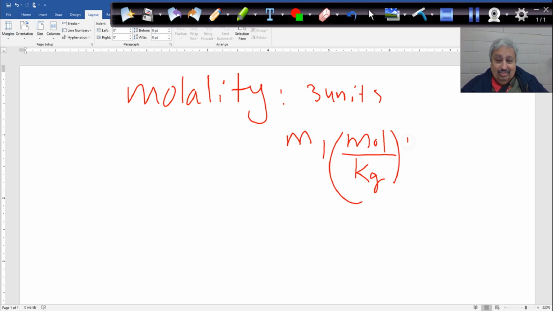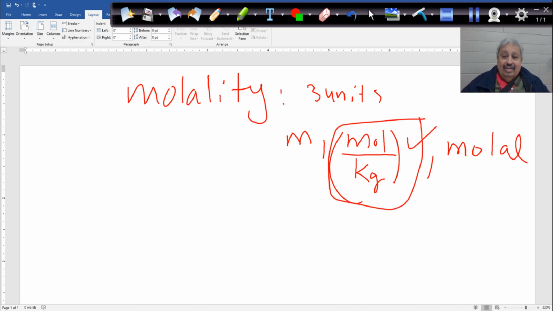This is mostly used. And the third one, we have what we have in the units of molarity. We have capital M, molar, and then mole per liter. And here, instead of molar for molarity, we call it what? Molal. Okay, so 3 units. M, mole per kilogram, and that's used for the calculations, and molal.